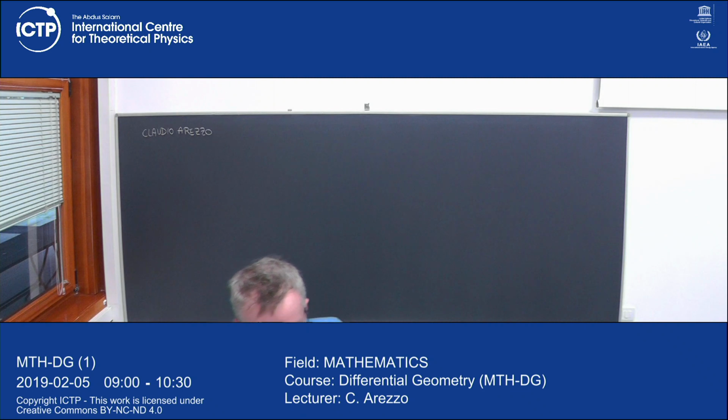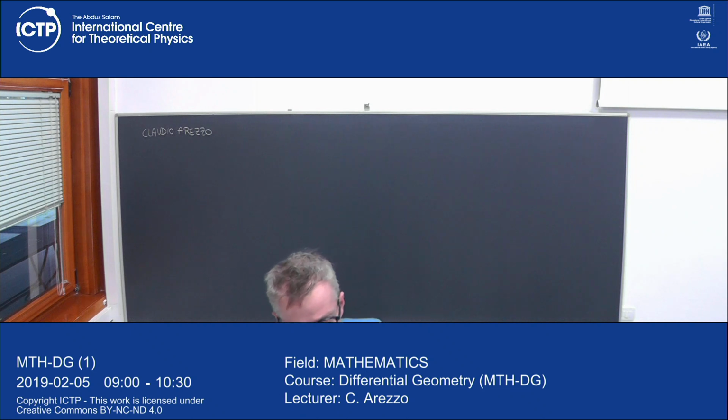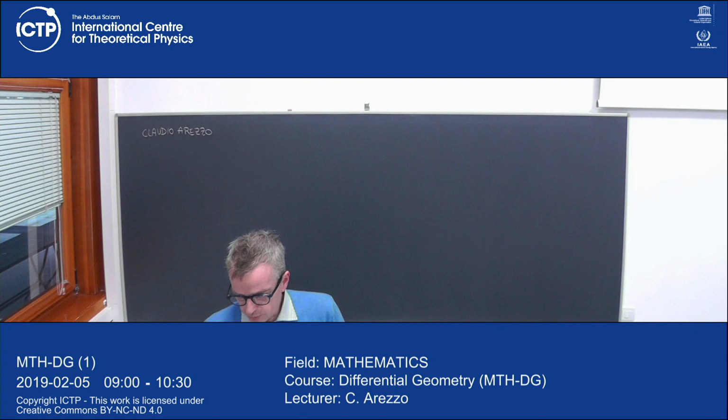So it's about 100 and something years old. But there are 200 years before that of history of studying surfaces and hypersurfaces in Euclidean spaces, which basically contain the fundamental ideas of what differential geometry would become afterwards, okay?